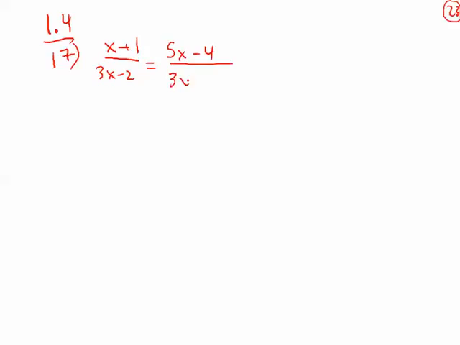Okay, so whenever we have a rational equation here, what we always have to do off to the side is ask what in the world can x not be? What's not part of my domain? Or we can ask this question: when does 3x minus 2 equal 0?